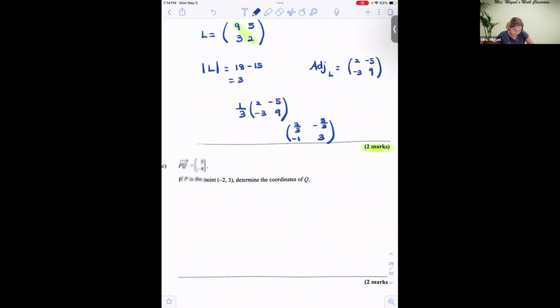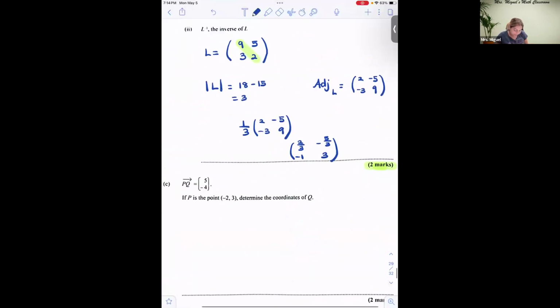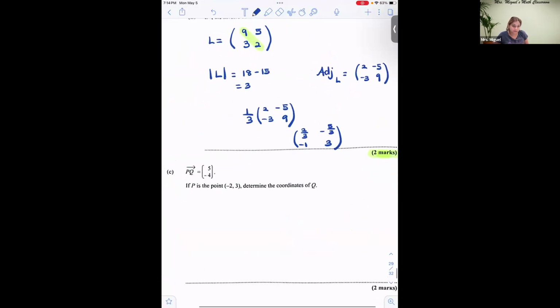Now, we have a part here. We have PQ, and we want the coordinates of Q, so we go work it out. Using the vector rule, PQ is the vector PO plus OQ, right? And we want to find the vector OQ. So we could take PQ and subtract the vector P, and we should be able to get the answer.